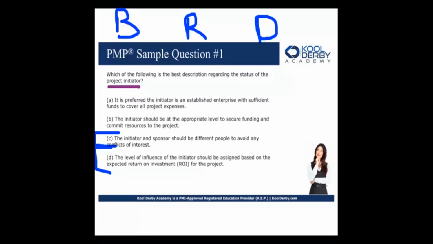Okay, so now we said the level of influence based on the... Okay, so why is D wrong? Why is D incorrect? I'm waiting.